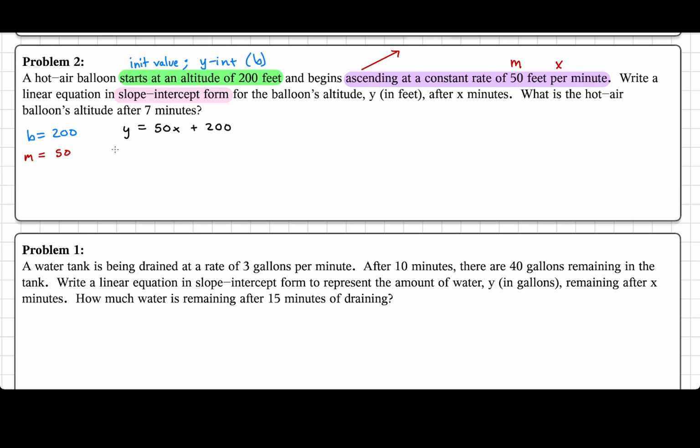Again, to create this in Desmos, we're going to change the y to be f of x equals 50x plus 200. And we need to evaluate it for what is the hot air balloon's altitude after 7 minutes. So we're going to evaluate it at f of 7.